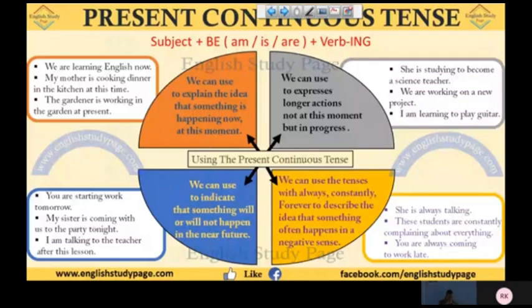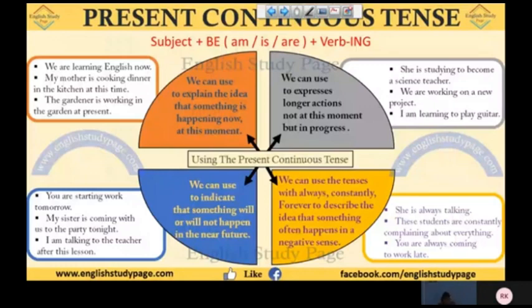It's not necessarily in process right now, but it is something that expands over a significant length of time. That little chart there explains those a bit. If you have problems understanding it, you can always refer to me. Here are some other examples.